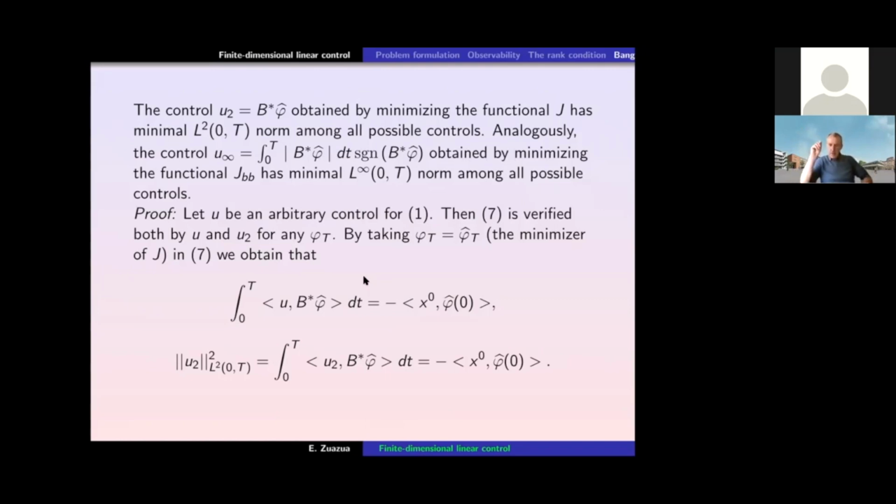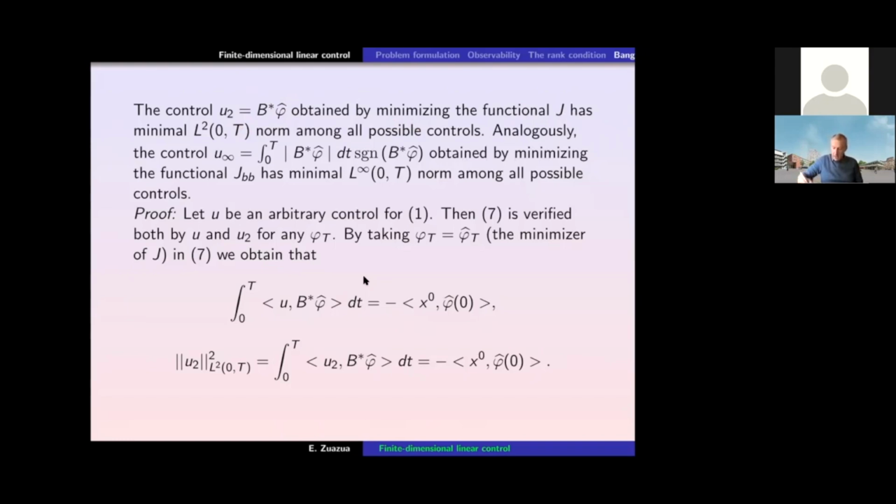And the third remark is also very important: the controls obtained by minimizing these functionals are always very distinguished, right? In particular, the control obtained by minimizing the original functional J is the control of minimal L2 norm, which is extremely interesting.